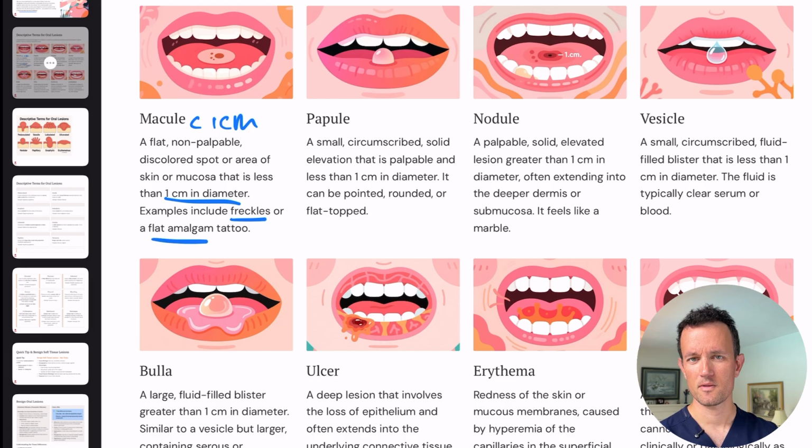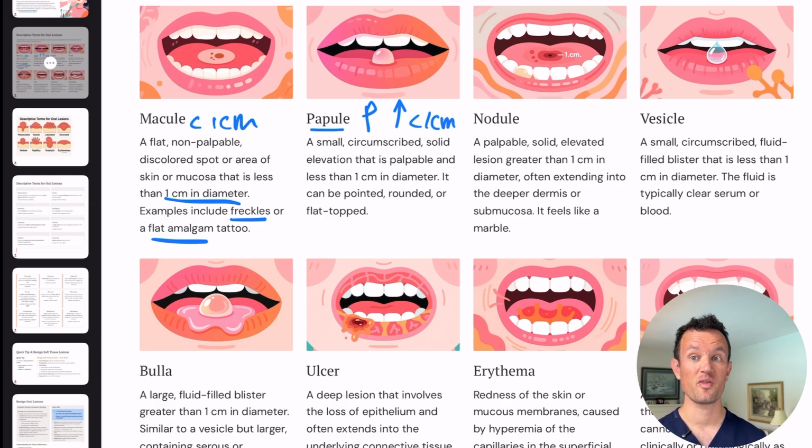Freckles, an amalgam tattoo, little spots. We all have macules. A papule, now it pops out. That's how I remember it. It's popping out. Again, less than 1 centimeter, but it's sticking out. Lots of things could be sticking out. But that's how we're describing it.